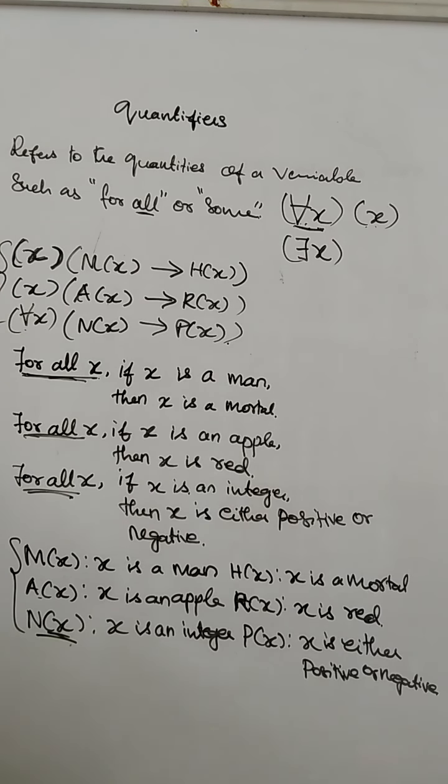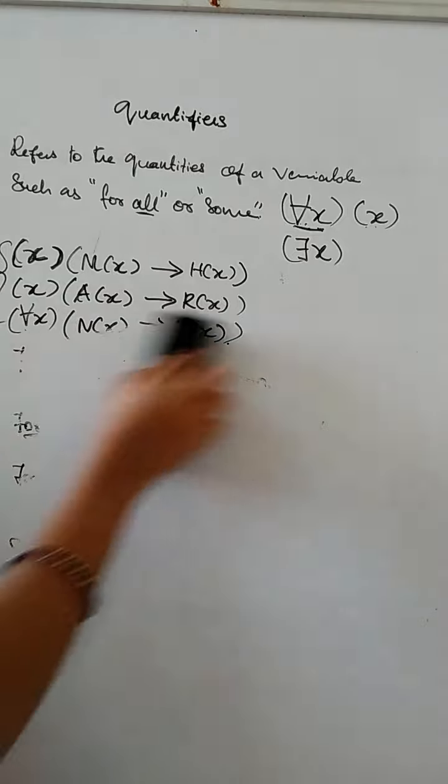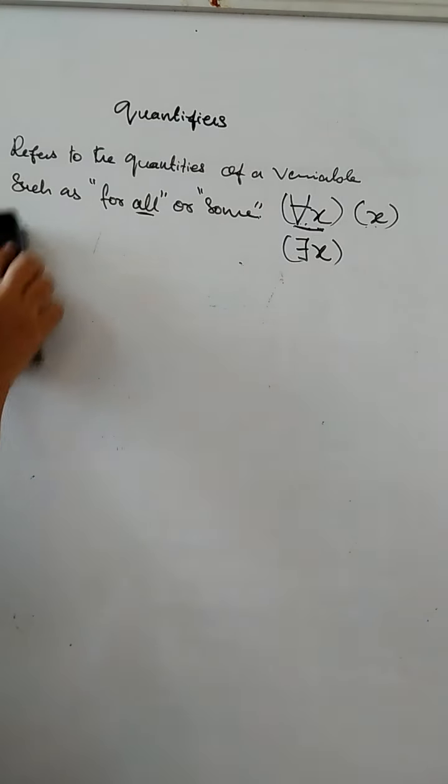And next one we are going to discuss about the existential quantifier. Existential quantifier means it represents some. That means for some values, right?